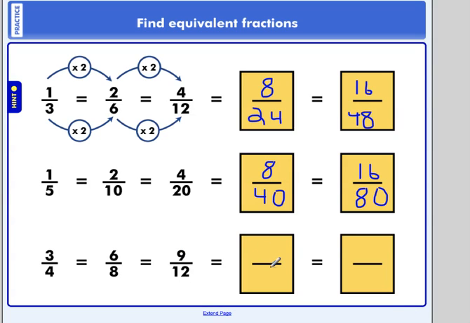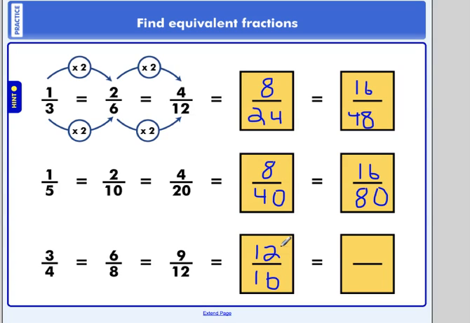Now, how else could I do this? I could multiply this times something, or I could even go back to 3/4. Like if I wanted to, say I wanted to take 3/4 and multiply both the numerator and the denominator times 4. 3 times 4 is 12. 4 times 4 is 16.